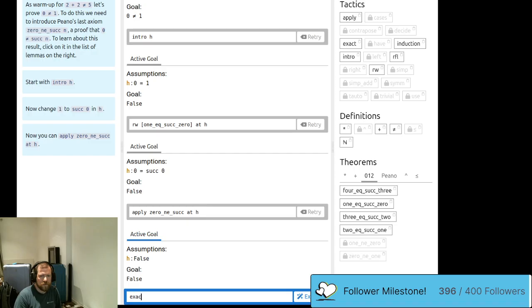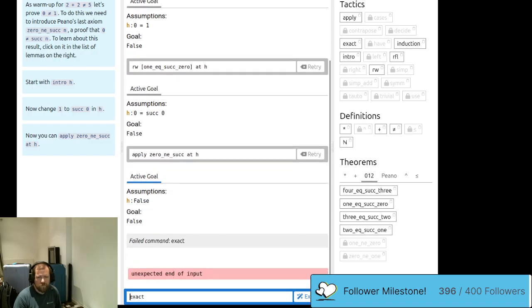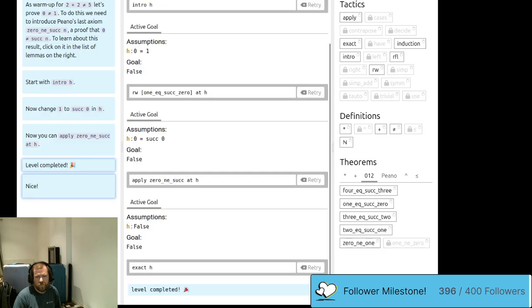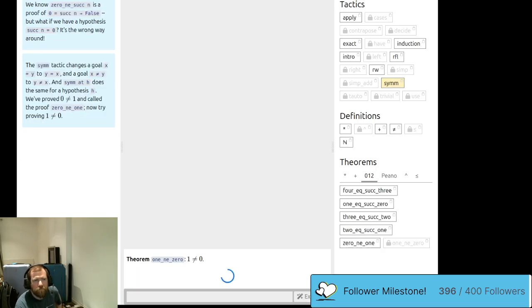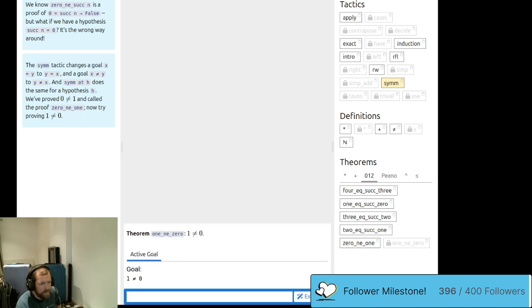False. Exact. There we go. Exact h. And we're going the other way, right? Of course, because you can't just prove something one way, you gotta prove it both.